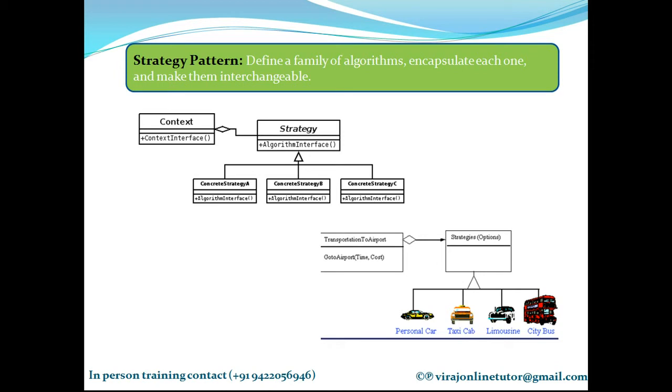And then you can make these sorting algorithms interchangeable. So suppose you have 10 algorithms, you can use one of them at a time, which you can decide at runtime. Okay, so in strategy pattern you need to define a family of algorithms, encapsulate each one and make them interchangeable. Clear?